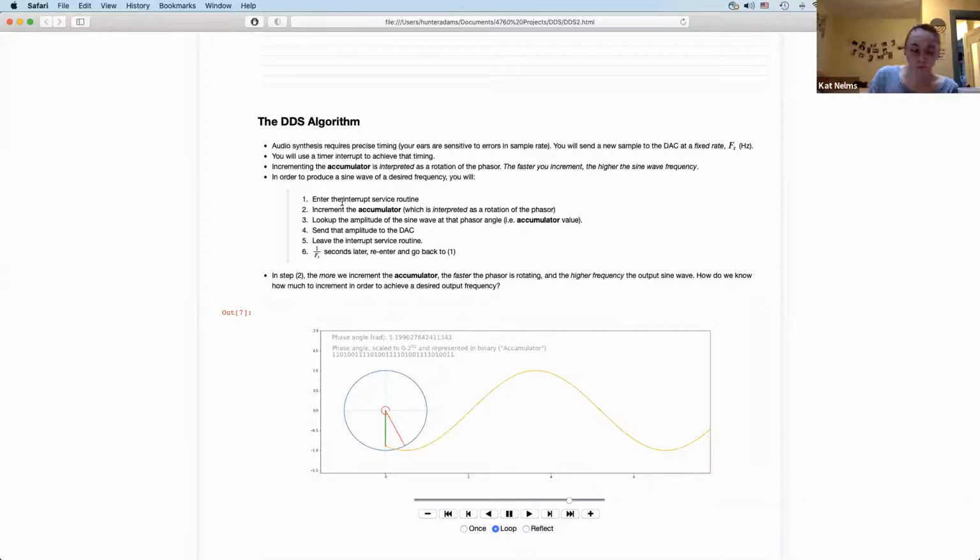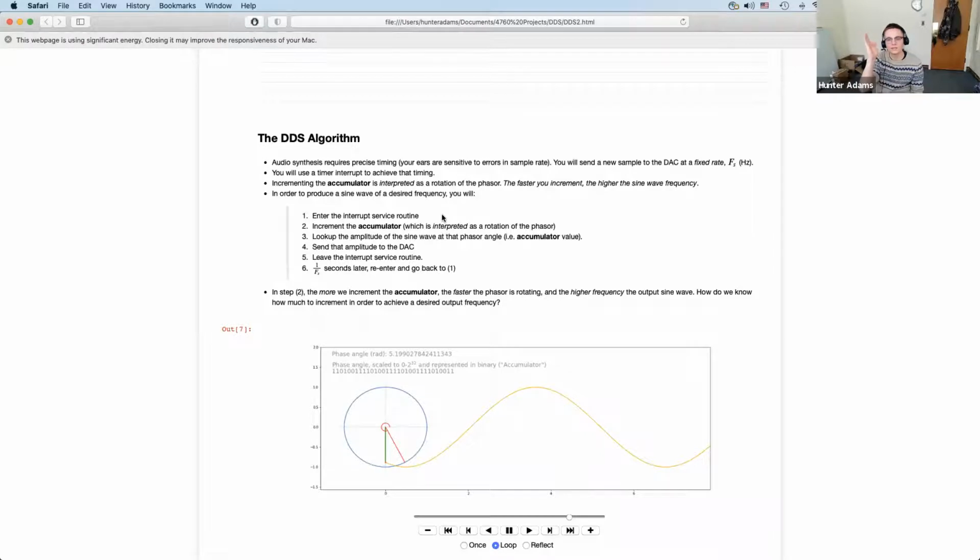You have some timer interrupt set up to enter an interrupt service routine at a very precise rate fs. We're using 44 kilohertz. When you get into the interrupt service routine, you add some amount to the accumulator, which, as we've talked about, is interpreted as rotating the phasor. So you enter the interrupt service routine and add some amount to the accumulator, which is the same as rotating that phasor a little bit to a slightly new angle.